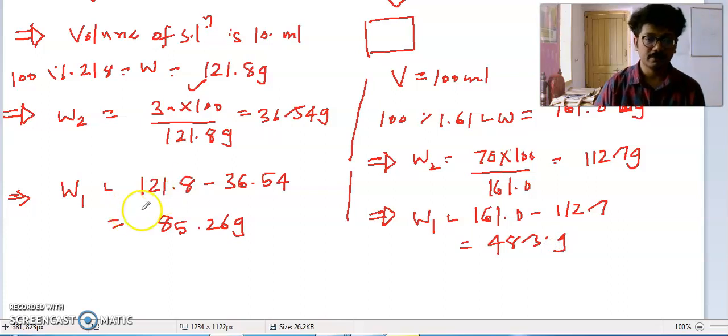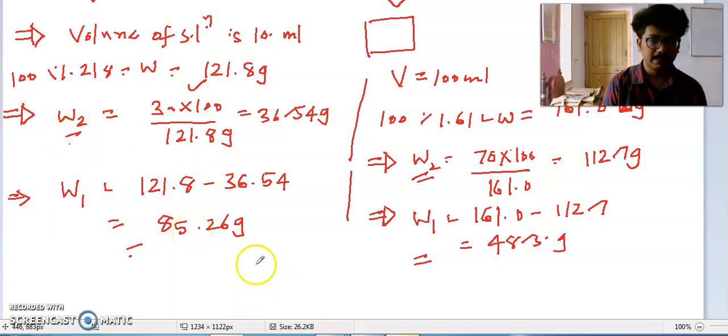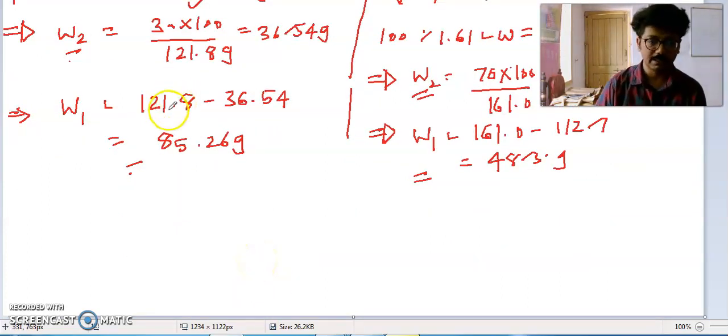So now I am getting the total mass of water, that is the solvent, and the total mass of solute, that is H2SO4. Now I am putting these simply in the formula of molality.